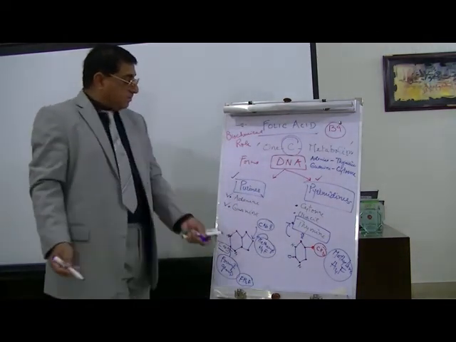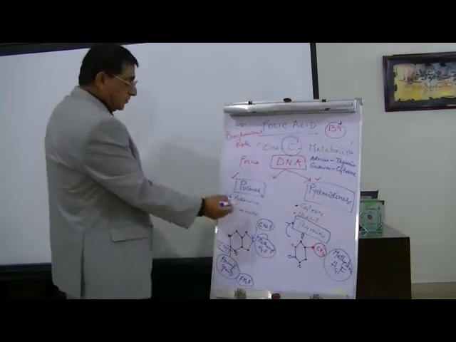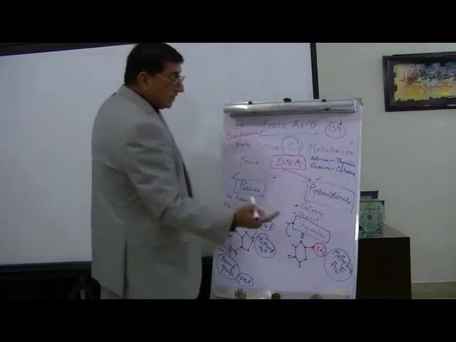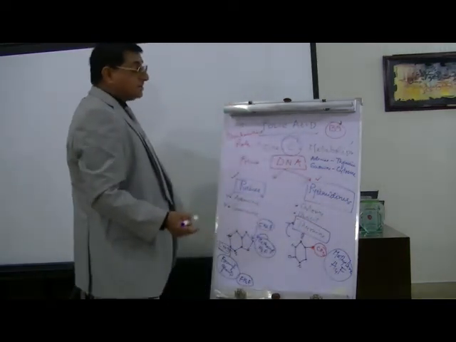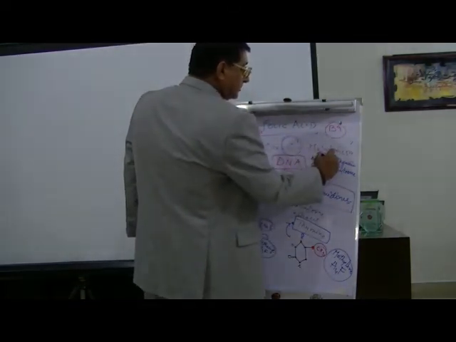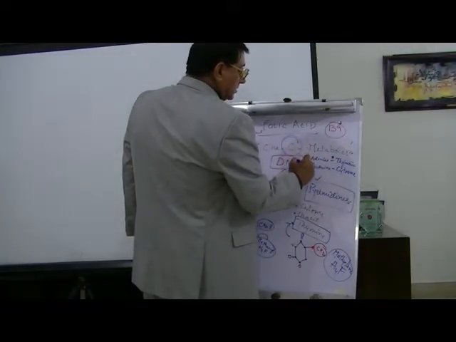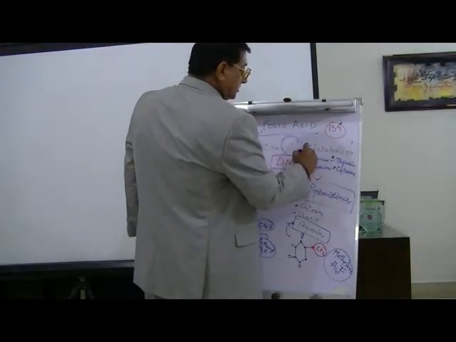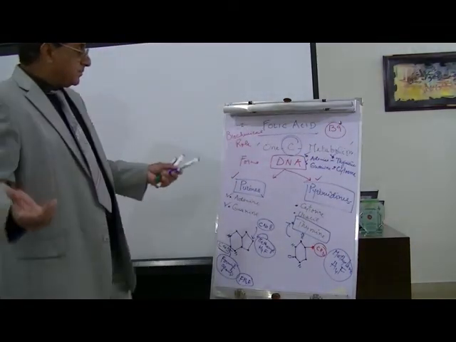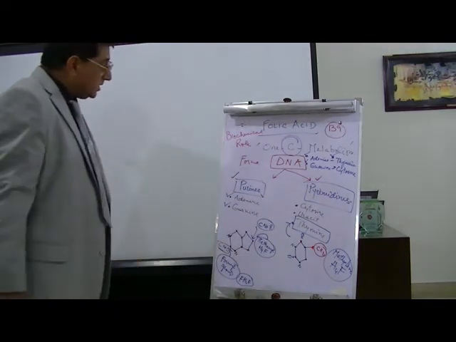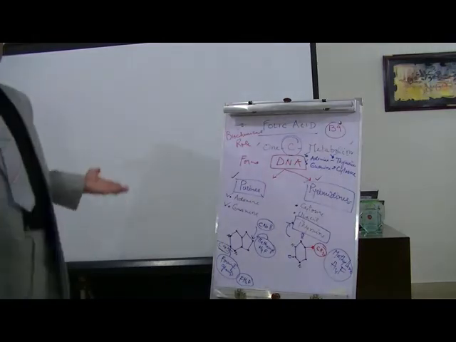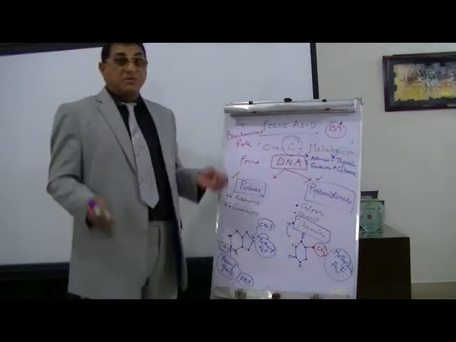When the purine structure is formed, you get the formation of adenine and guanine, and when talking about pyrimidines, it helps in the formation of thymine. If thymine is not there, again DNA will not be formed. So what is the importance of folic acid? It helps in the formation of DNA. Very simple, so very important.